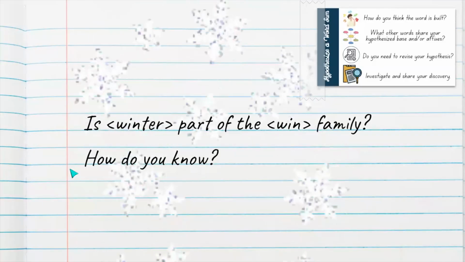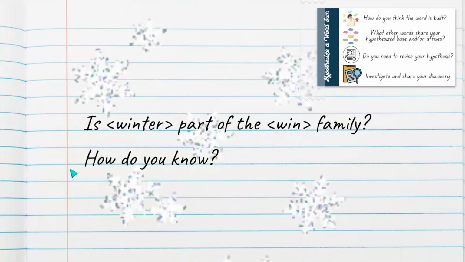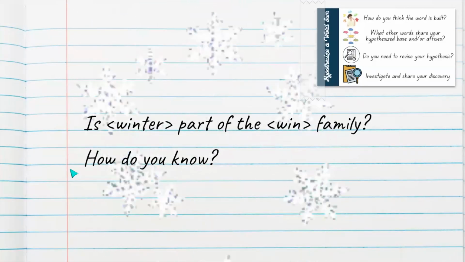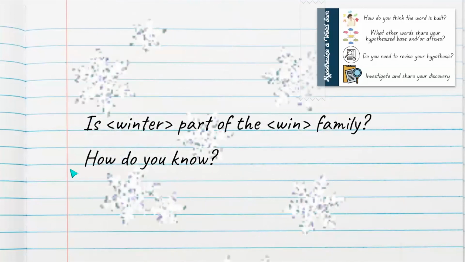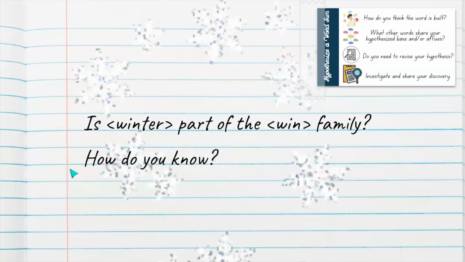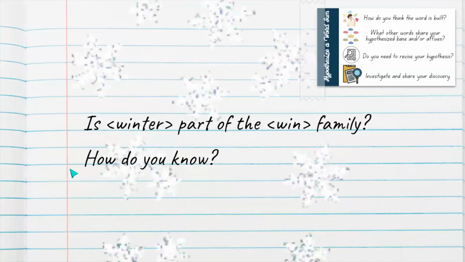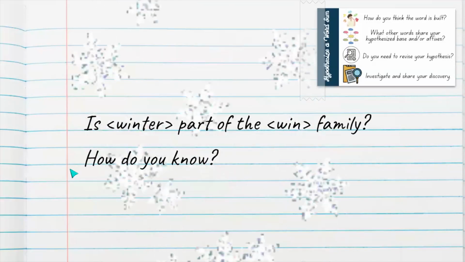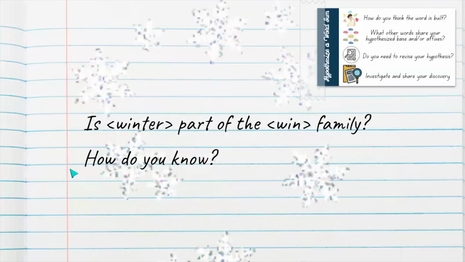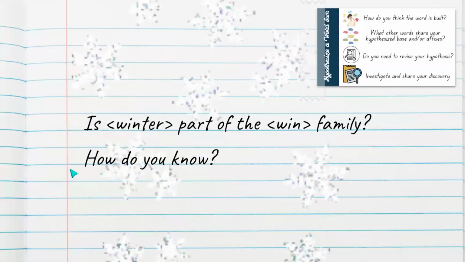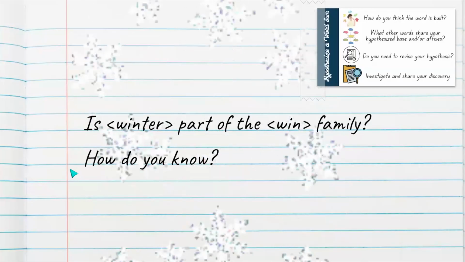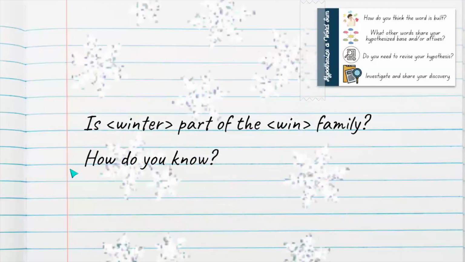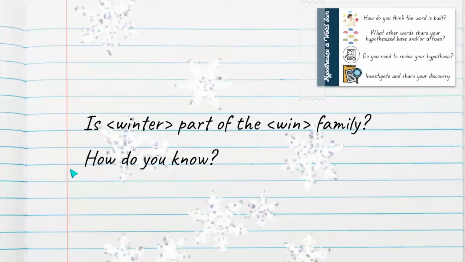So if it was part of the WIN family, that means TER would need to be a suffix. And you would need to think of other words that have TER as a suffix. And if you can't come up with any, then it's probably not one.